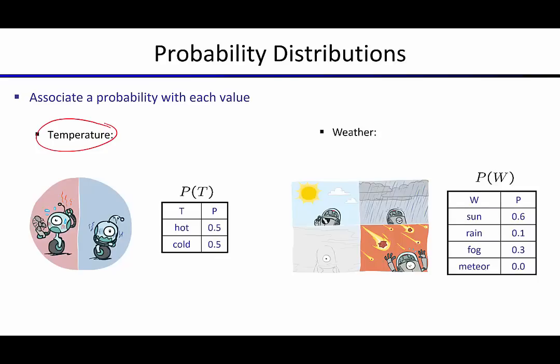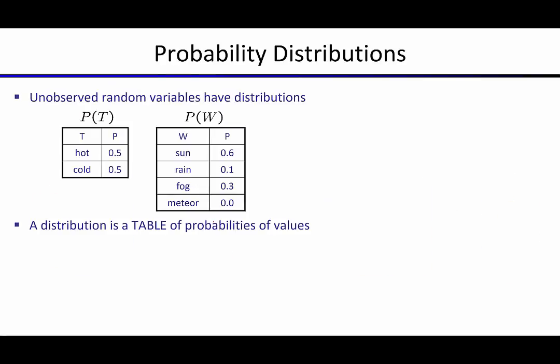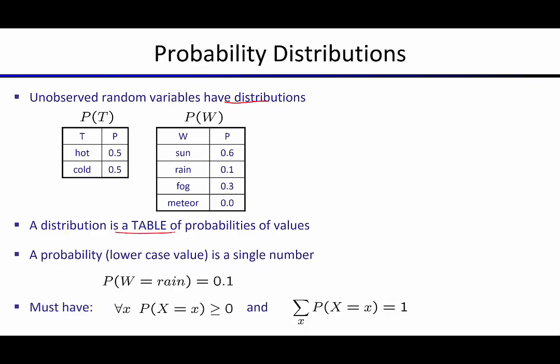These numbers have to sum to 1, and they all have to be positive. That's what's required to make this a probability distribution. So our unobserved random variables have distributions. The distribution corresponds to a table of probabilities of values, and each value has to be positive, and they all sum to 1.